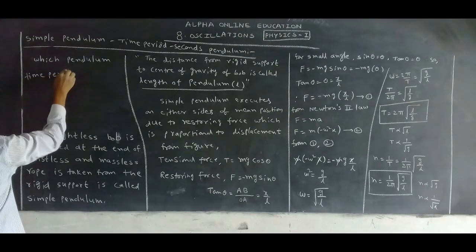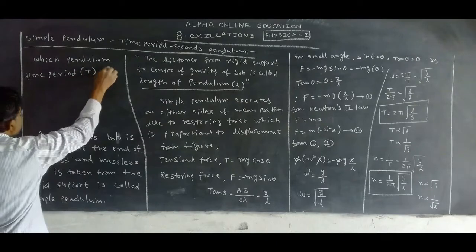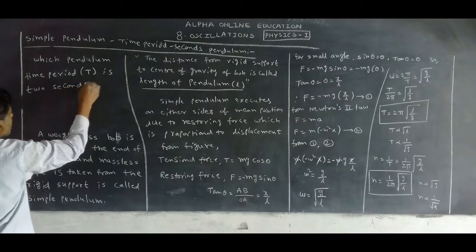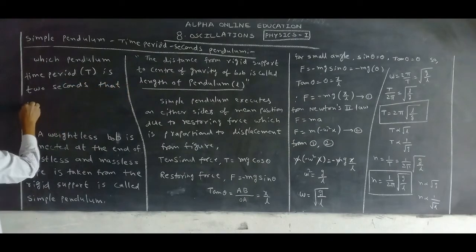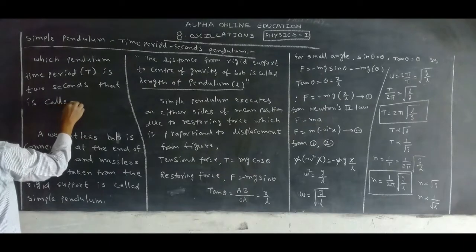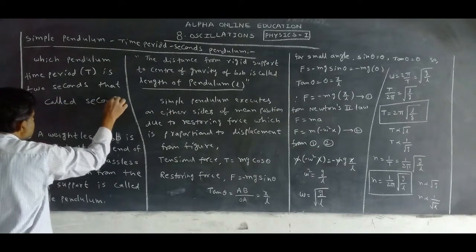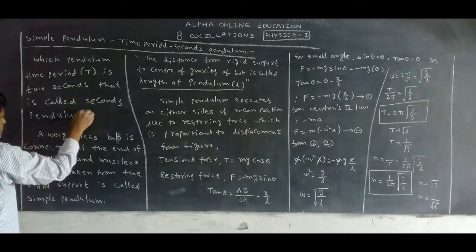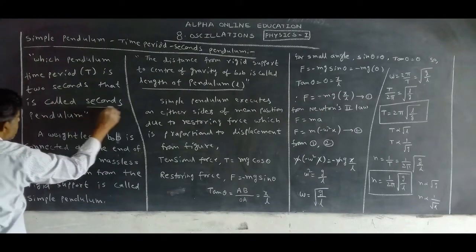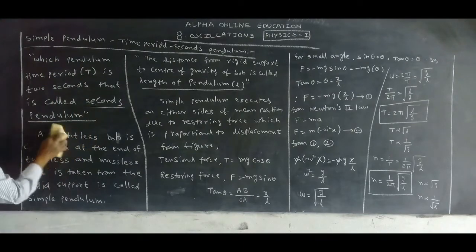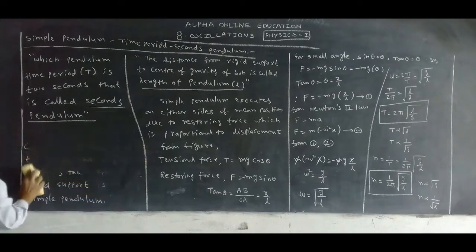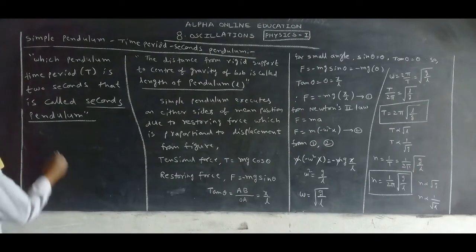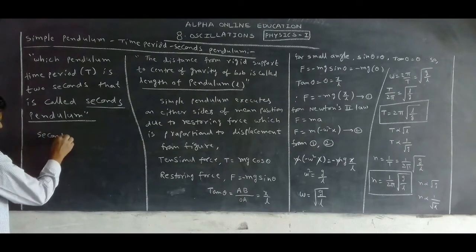The one whose time period, capital T, is 2 seconds is called a seconds pendulum.